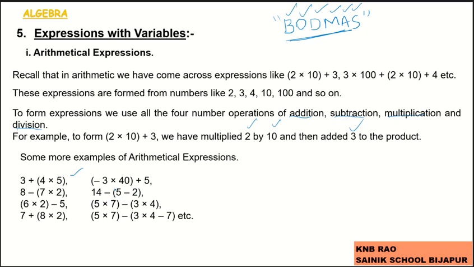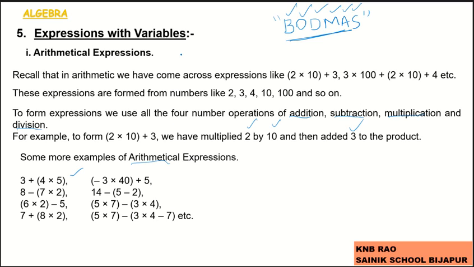So, 14 minus, within the bracket 5 minus 2, we read it as 14 minus of 5 minus 2, and 6 into 2 minus 5, that means the product of 6 and 2, from that 5 is subtracted. Okay. So, these are some more examples for arithmetical expressions.